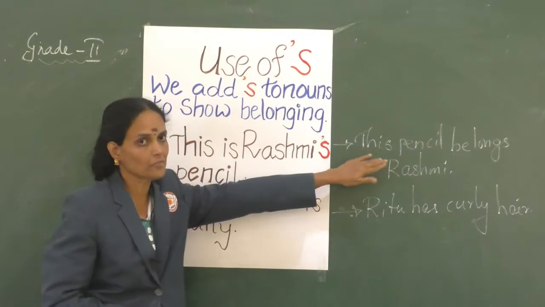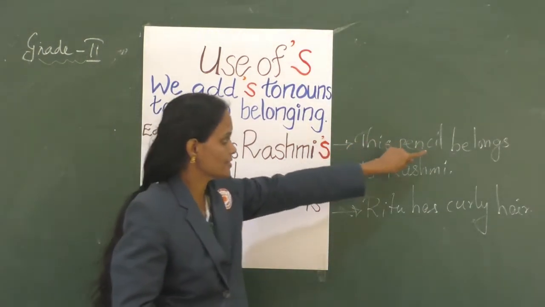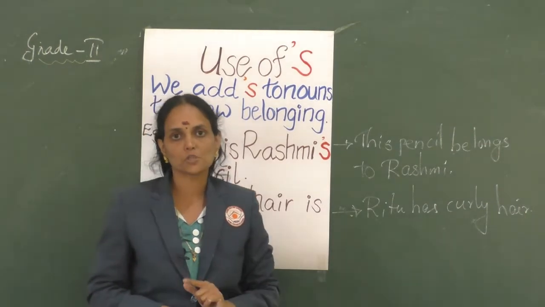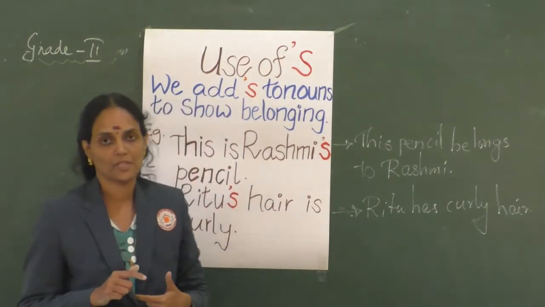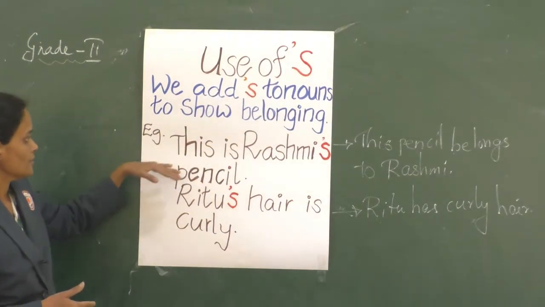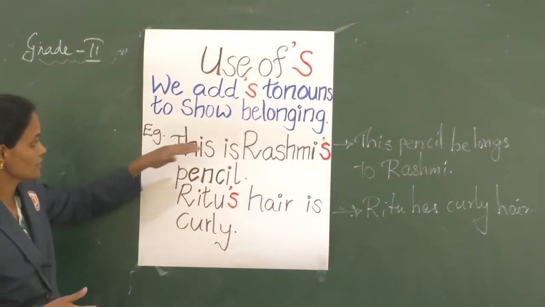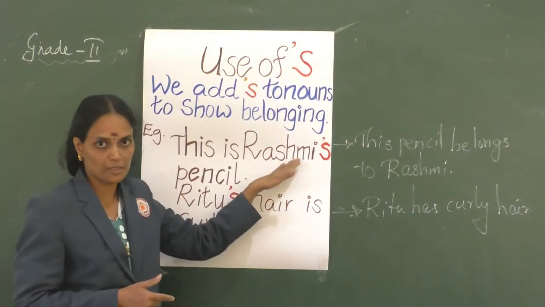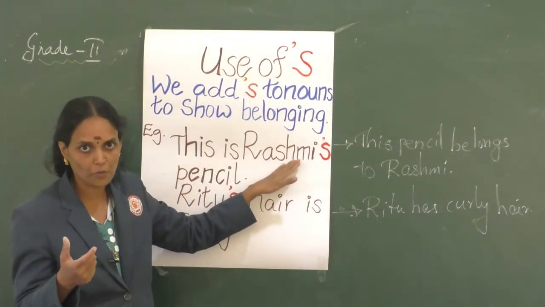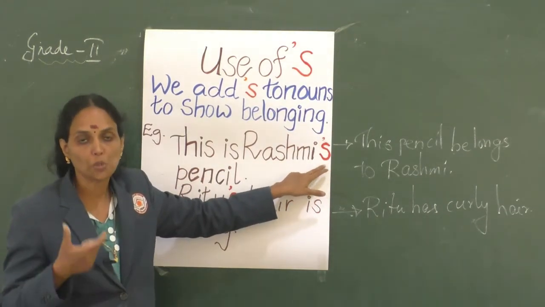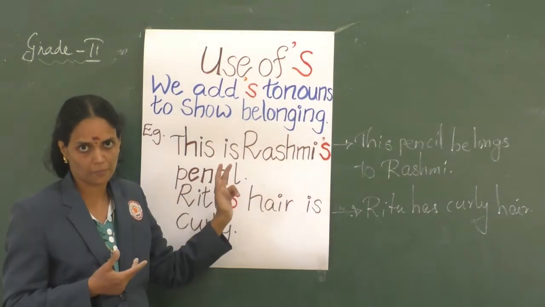Look at the sentence given here. This pencil belongs to Rashmi. How can we rewrite the sentence using apostrophe S? So just look here. This is Rashmi's pencil. Rashmi, name of a person, proper noun, plus apostrophe S, Rashmi's, shows possession of something.